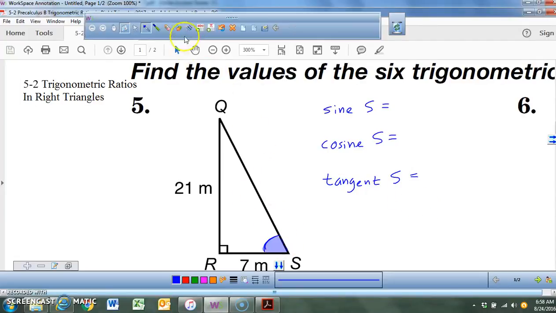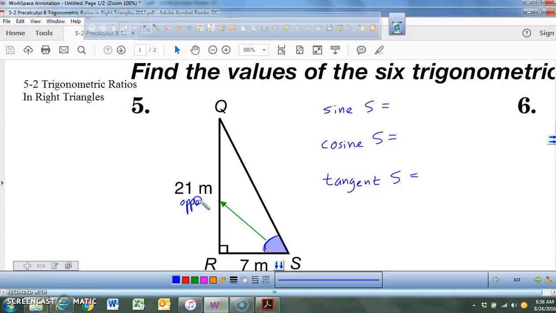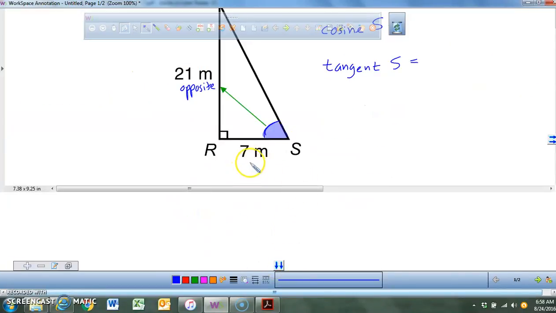From this perspective, I'm going to label this 21, which is QR, the distance from Q to R, that would be what's known as the opposite side from angle S. Right here, this side R to S is right next to this angle, and we call that the adjacent side. And if you see me do a lot of problems, you'll notice I always draw an arrow going across to represent the opposite side.